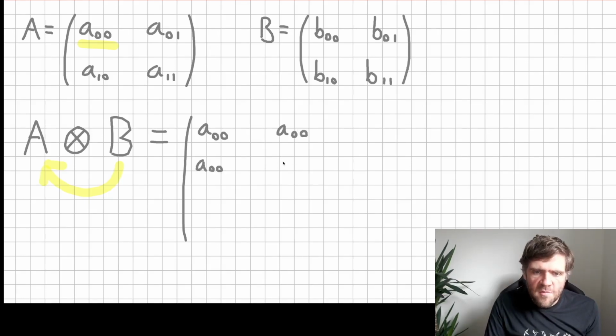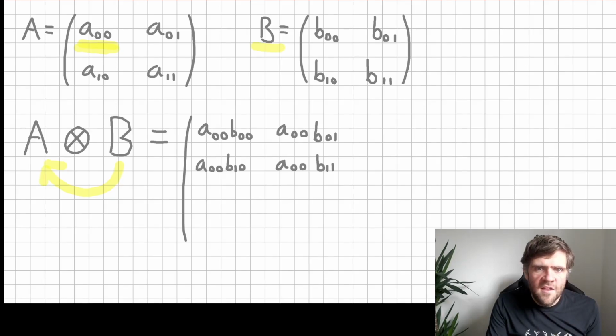And then we multiply each of those by a different element of the other matrix. So this one gets multiplied by B0,0, this one by B0,1, this one by B1,0, and this one by B1,1. So here we've multiplied this element of the A matrix by this whole B matrix.